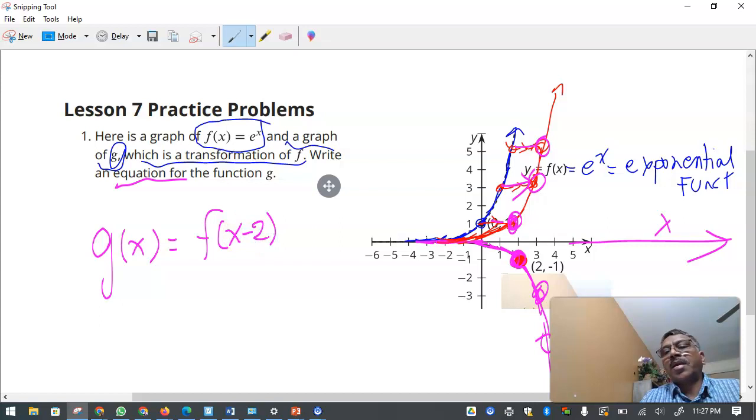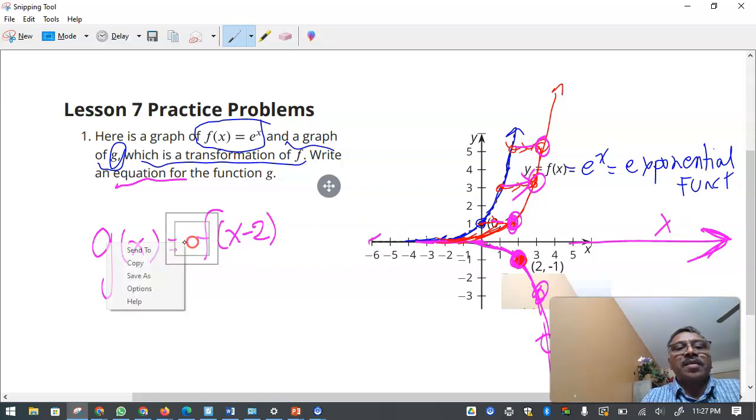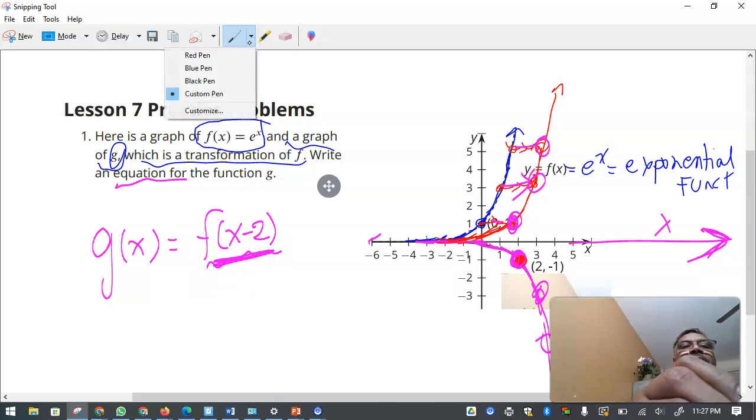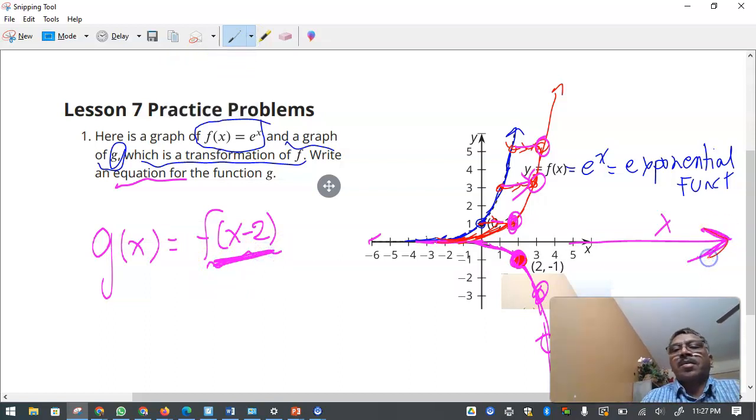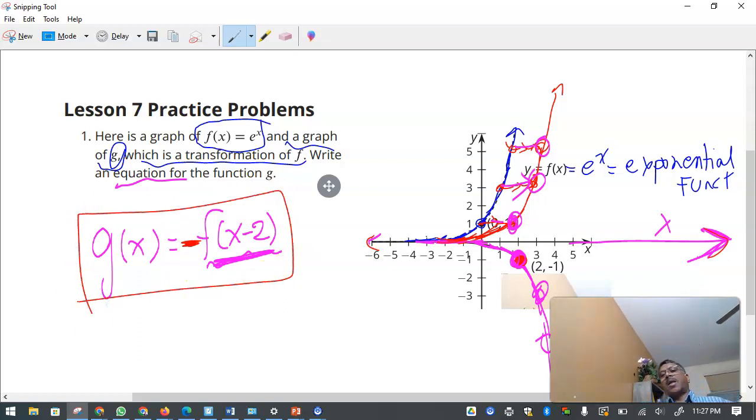And after that you reflect over the x-axis, which means I have to put a minus outside. So this means shifted 2 units to the right, and besides that you have to flip it over the x-axis, so you put a minus sign there. So this is the answer. Hope that helps to understand.